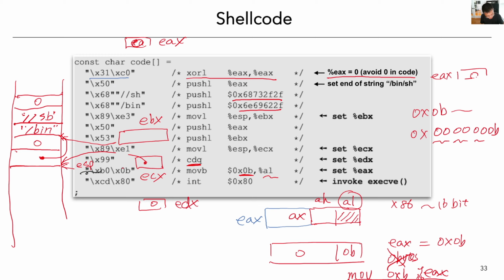So we cannot use this instruction directly. Instead, we need to first set EAX to 0, then we set the lower byte of the EAX register. Then we can use the int 80 to issue the system call.